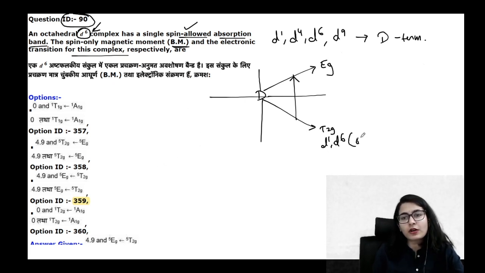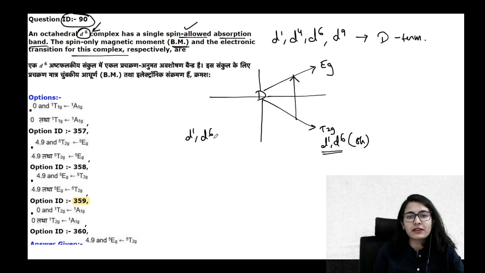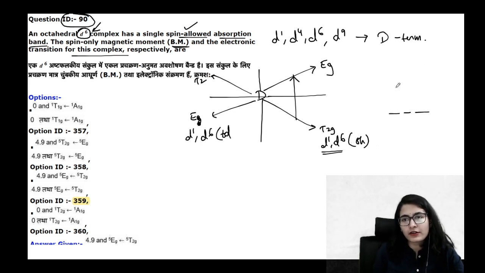For d1 and d6 octahedral, this is d1 and d6 octahedral, and this side is going to be d1 and d6 tetrahedral. Since it is tetrahedral, we cancel the g, we just write E and T2. Okay, so for the d6 octahedral, the Orgel diagram is considered for high spin, so I'm considering d6 high spin.